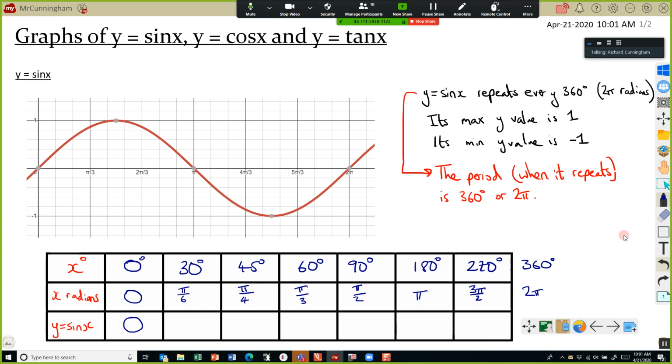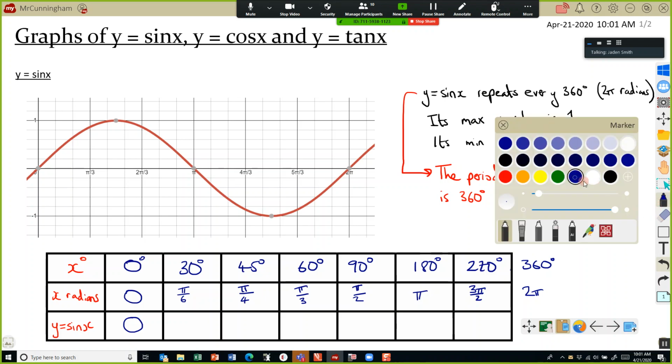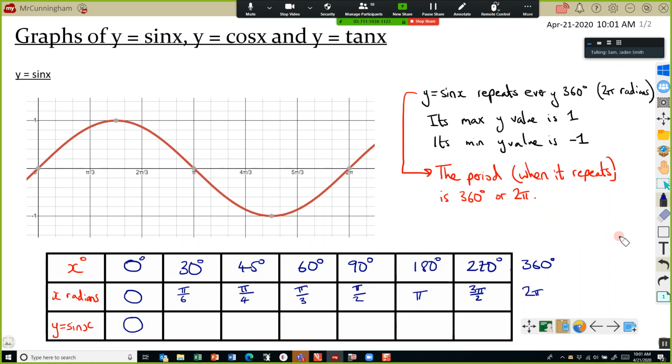It would be 1 over root 2. So sine of pi over 4 is 1 over root 2. Somebody give me another one of these, sine of one of these values.